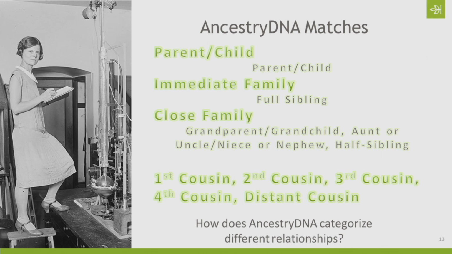But you have to remember, when you get into these half relationships, they can fall into that first cousin relationship. And even great aunts and uncles can fall into a first cousin relationship, even second cousin relationship. Just depends on how much DNA you share. So just because you get a second cousin relationship, don't think, oh, this means we share second great grandparents. It could mean it's actually your mom's uncle, or something like that.